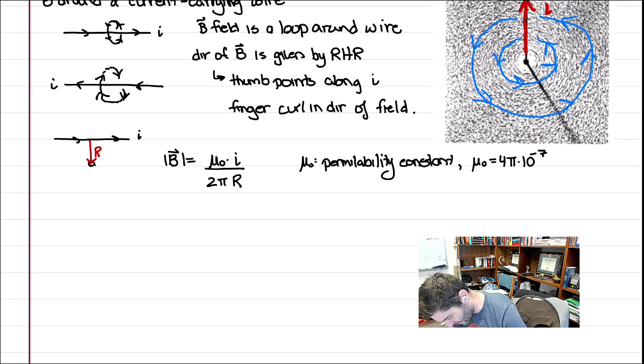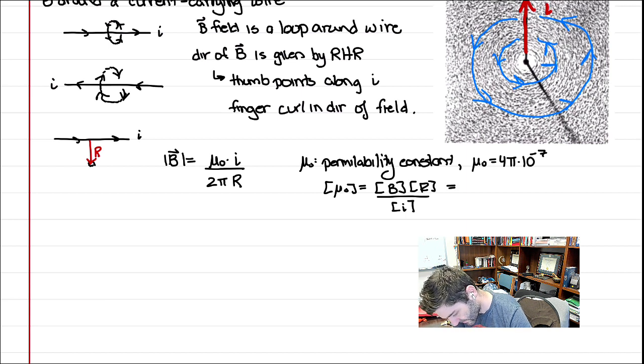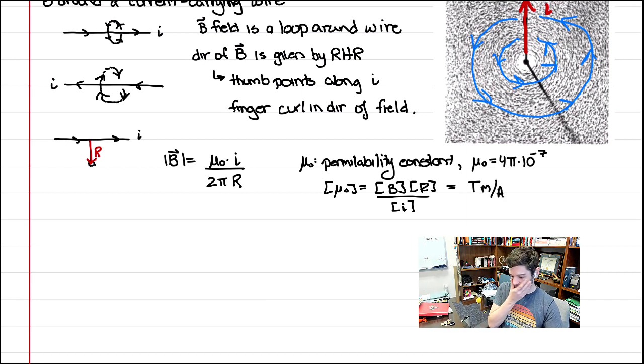The units of mu naught had better be the unit of B times the unit of R divided by the unit of I, so it's going to have units of something like Tesla meter per ampere. And then you could write those in SI units if you want. Maybe I'll bring those up so that we can have that.